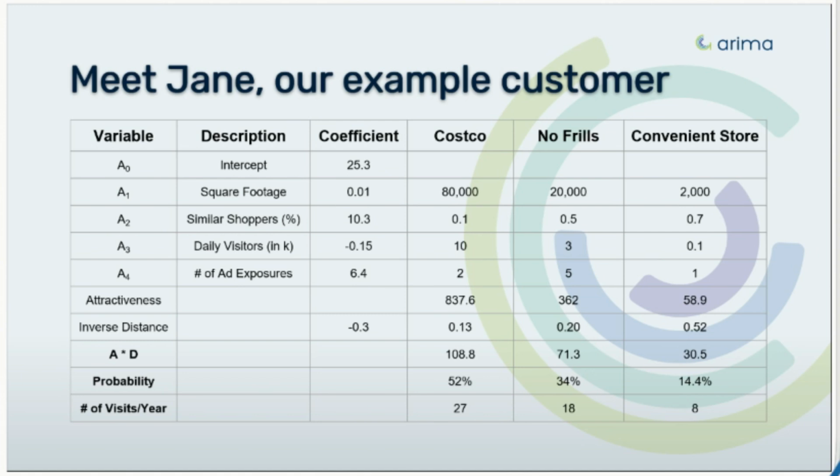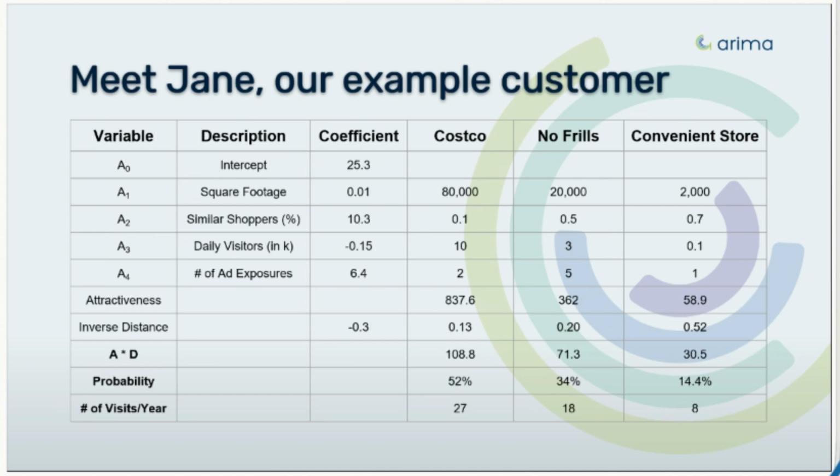And again, if you follow the Huff model equation, which I had on the previous screen, you could calculate the probabilities of Jane going to one of the 3 stores. So here we work out the math, and it says that she'll go to Costco with 52% chance, No Frills with 34% chance, and the convenience store with a 14% chance.